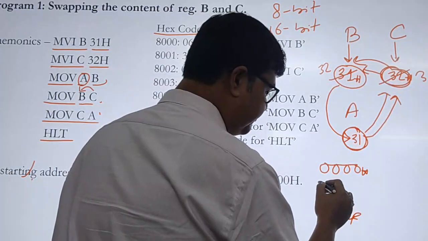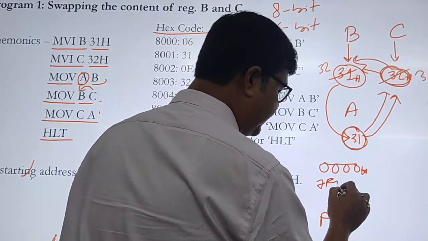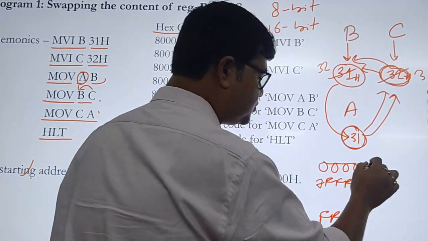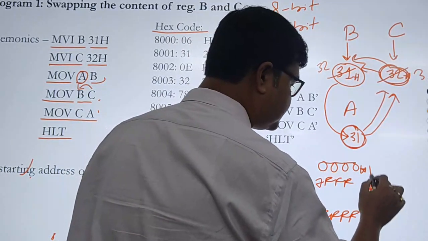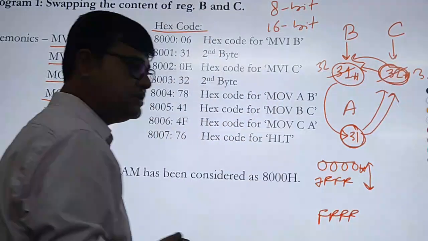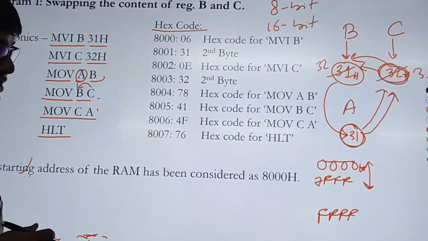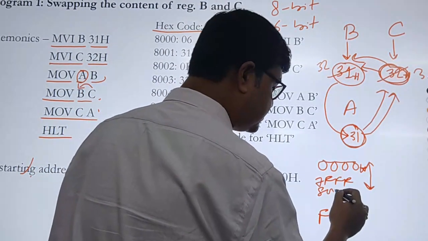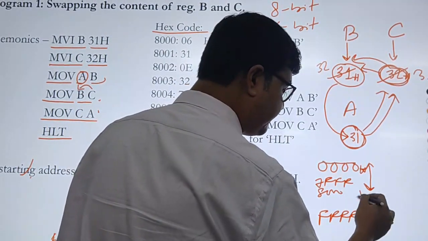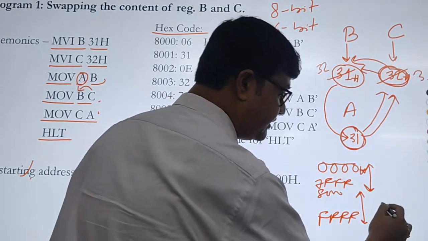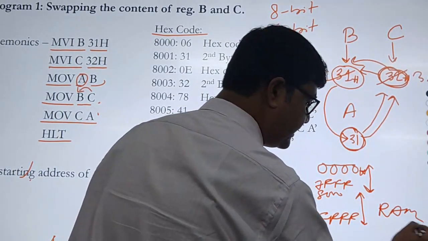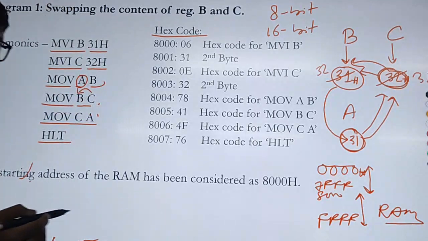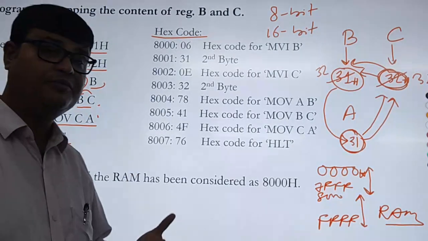So say it requires 7FFF, from 0000 to 7FFF; these locations belong to the ROM, the read-only memory. After 7FFF, the next memory location is 8000. So from 8000 to FFFF, these locations are available for RAM, random access memory, which can be used as memory where you can store some programming.